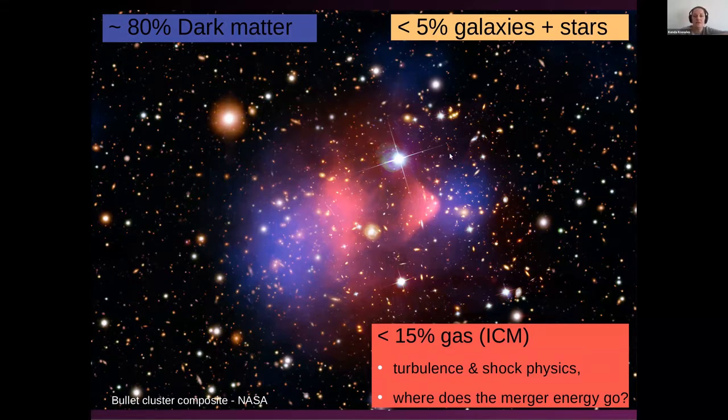You can see a lot of that in the distribution of the various components, but within the actual gas itself, you can see things like shock fronts and the fact that it's bimodal. And by studying this intracluster medium, you can study things like turbulence, shock physics, and figure out, for example, during a merger, which is one of the most energetic processes since the Big Bang, where does that merger energy go? How is it distributed throughout the cluster into the various components?